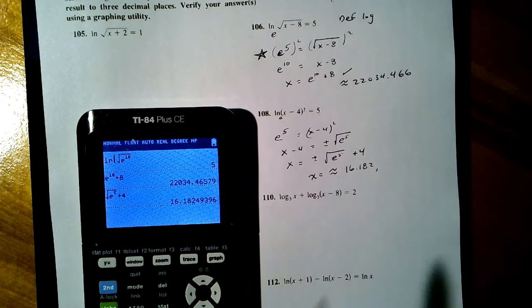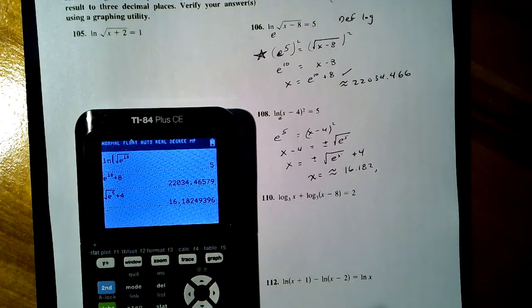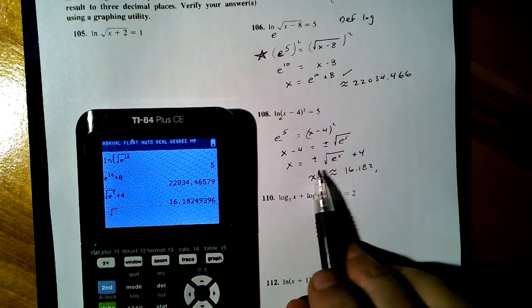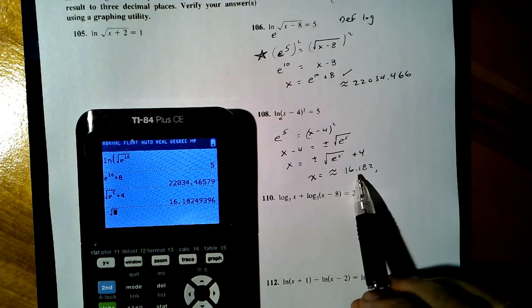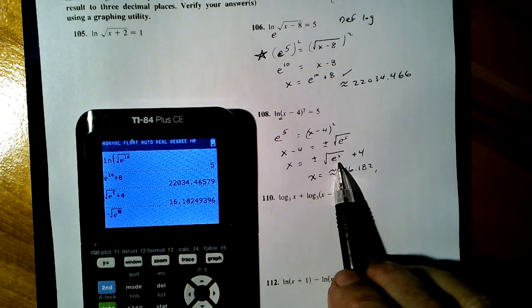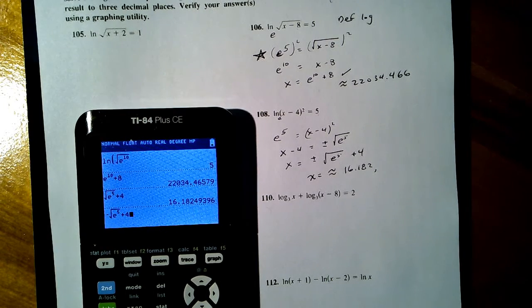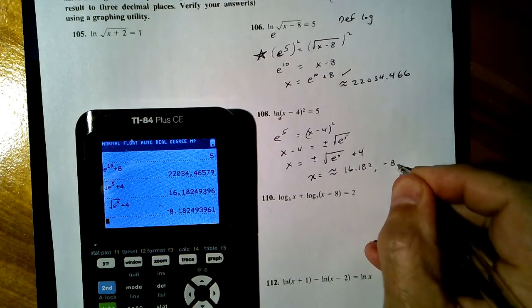And how about negative the square root of e to the 5th plus 4? Enter. It wants to be negative 8.182.